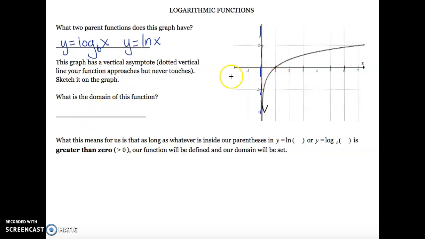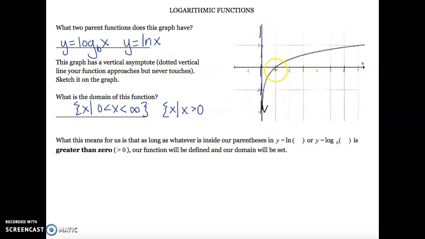So the domain of this function would be all x values such that 0 is less than x less than infinity, or another way to write that would be all x values such that x is greater than 0. That's because your typical logarithmic function will never touch 0.